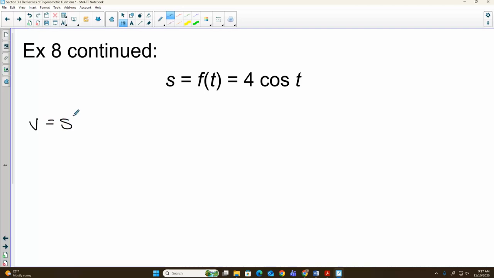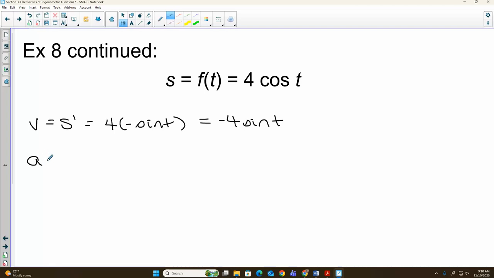First derivative. Velocity is just our first derivative. So the 4 would stay. What's the derivative of cosine? So it's just like 4 times the negative sine t. So we get negative 4 sine t. Okay, our acceleration.